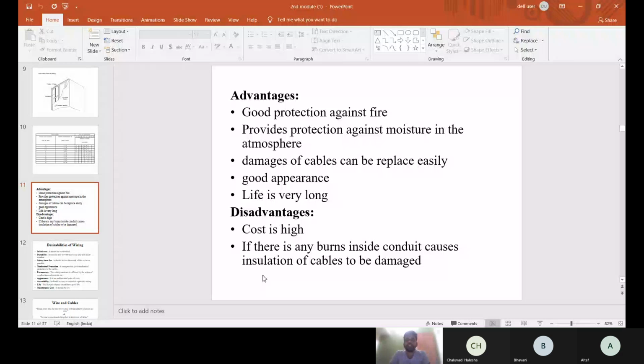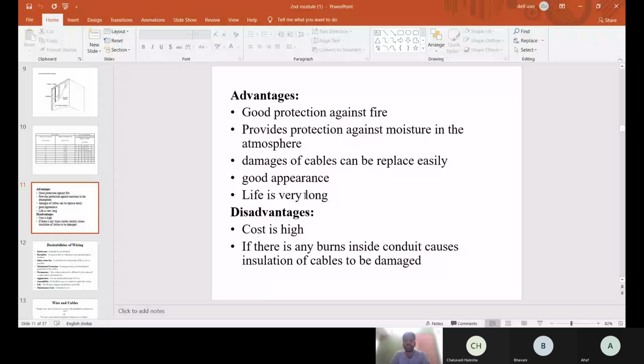It also provides protection against moisture in the atmosphere, and damaged cables can be replaced easily. If some damage occurs inside our cable, we can detect it, easily remove it and replace it with new wires. And it has good appearance, and the life is very long.